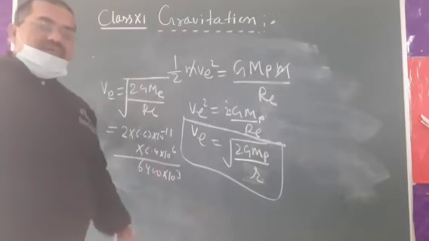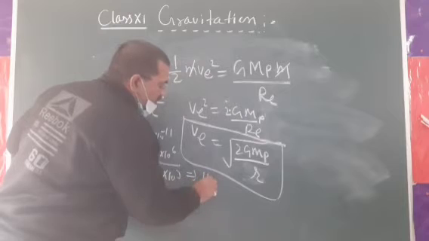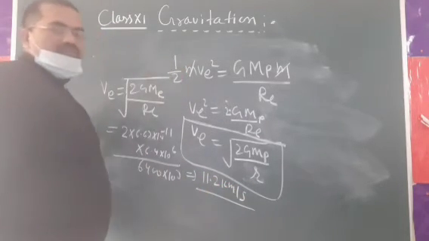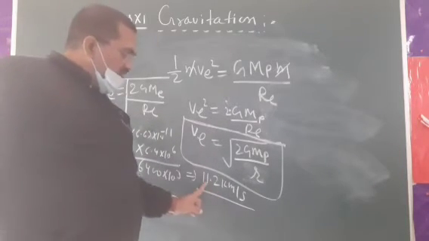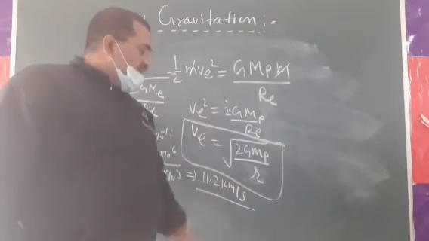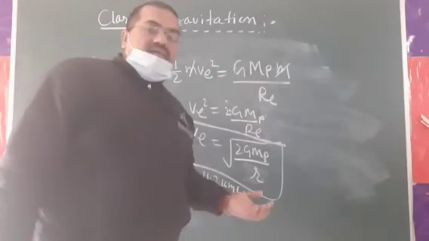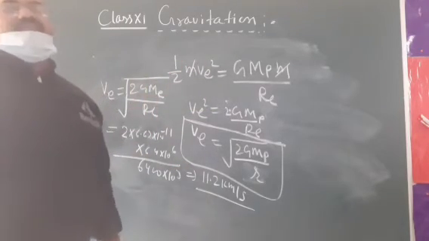You can solve it and definitely you will get escape speed as 11.2 km per second on Earth. So if a body from Earth is thrown with this much speed, 11.2 km per second, then it will go to infinity and it will leave the gravitational field of the Earth.